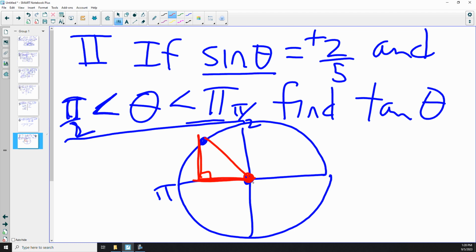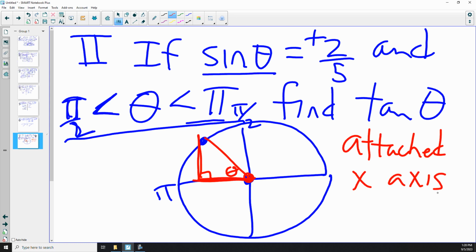Right angle and theta are attached to the x-axis. Everybody okay? So therefore, since sine is 2/5, we would say what?